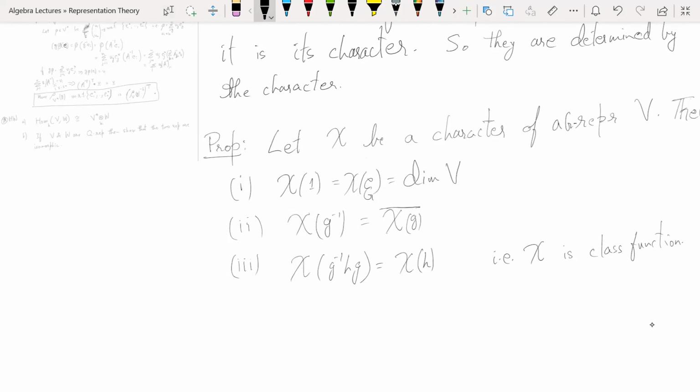So the proof is straightforward. Let's do the proof. What is chi of 1?